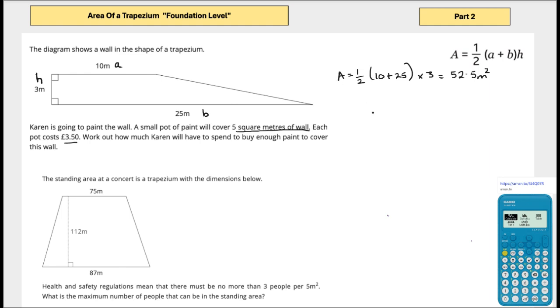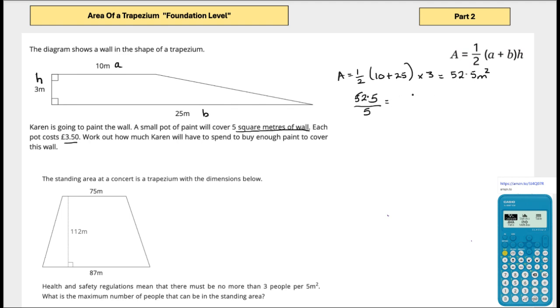So the next step now is to divide our metre squared total with our 5 square metres wall. So we're going to put 52.5 metres squared divided by 5 square metres of wall.